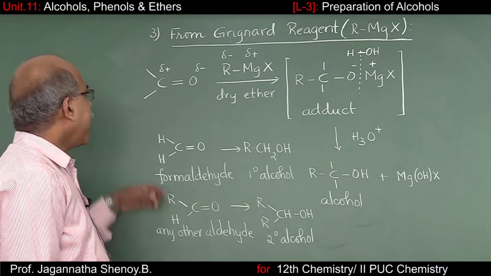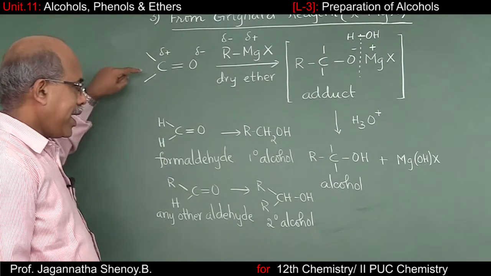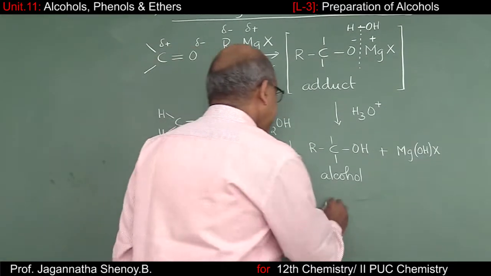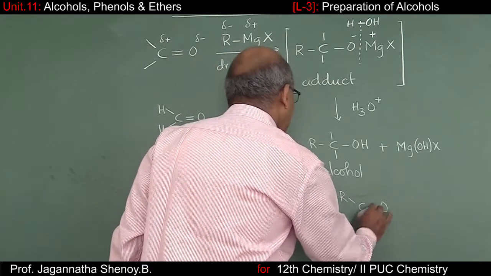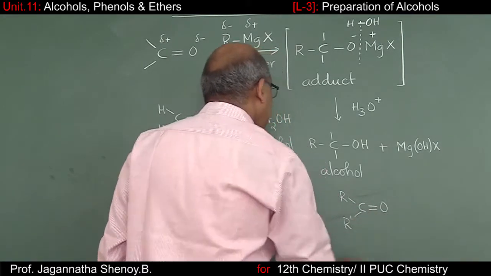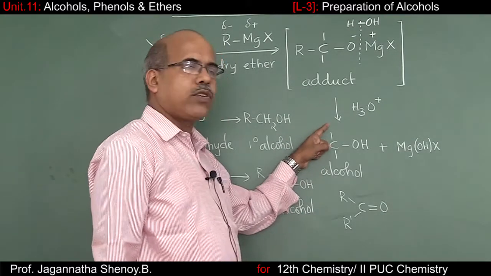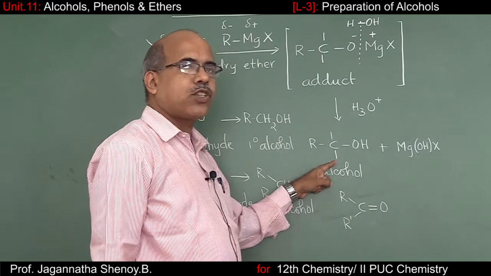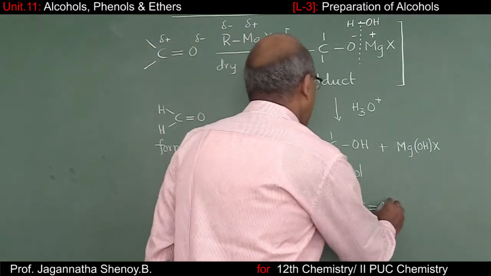On the other hand, if these two bonds are satisfied by two groups, R and R dash, for example, it is RC double bond O, and here we have R dash. So what should happen? Here I should have the R group, here I should have the R dash group. So what I am going to get is a tertiary alcohol.